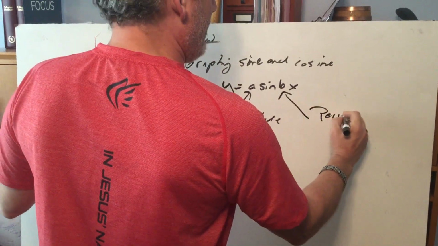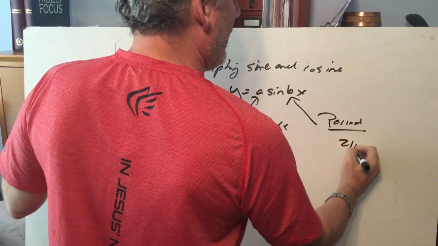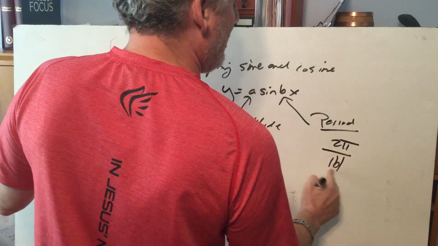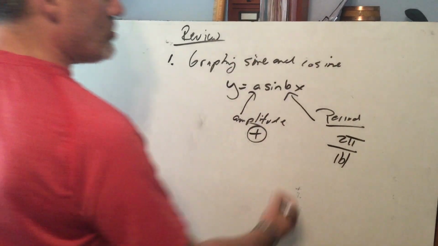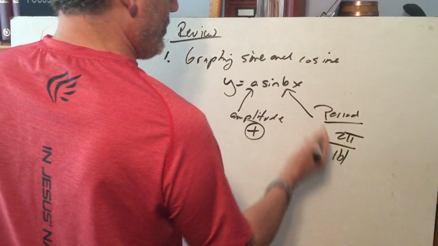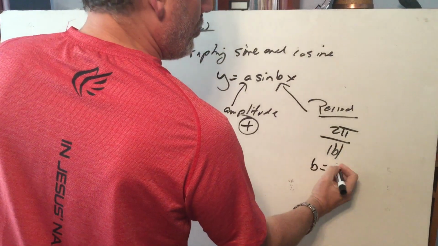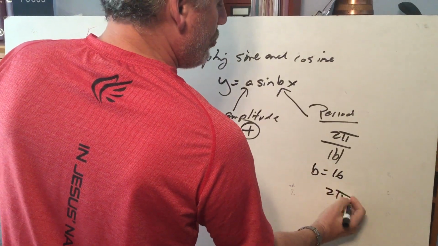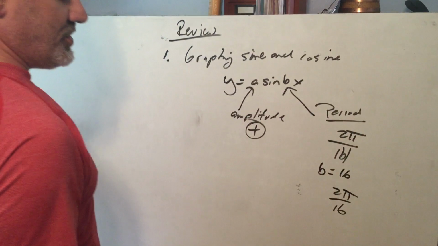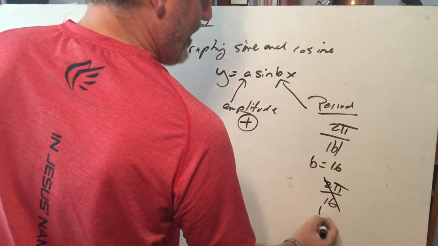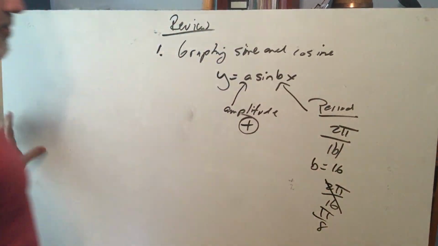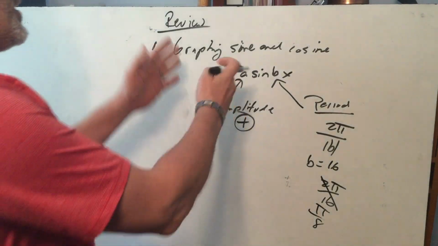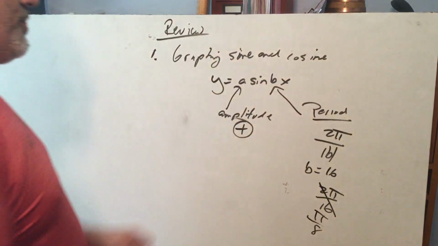You need B for the period. What's the formula? 2 pi over absolute B. That's always positive. For example, if your B equaled 16, you would do 2 pi over absolute 16, and then you reduce that, which is pi over 8. That's your period. So that's how you do your amplitude and that's how you do your period.